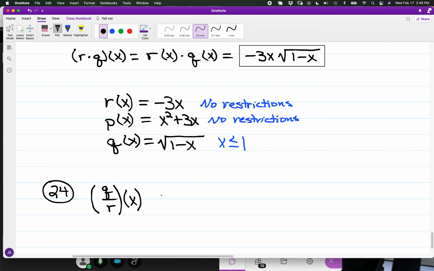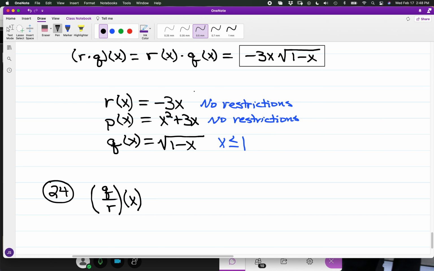Remember, I'm going to have to work this out to fully determine all the restrictions. Right now r of x and q of x are still involved.